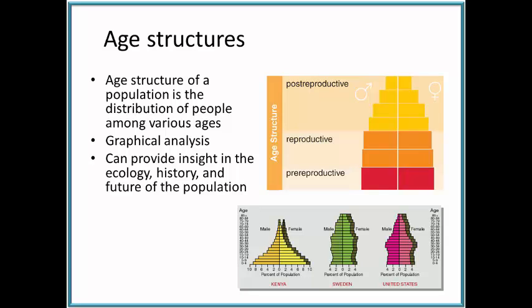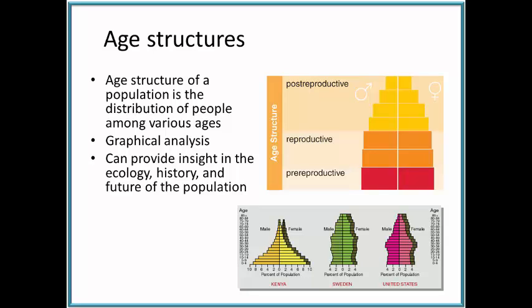Usually we use a graphical analysis, and these graphical analyses can provide insight into the ecology, history, and future of the population. If we look at this top diagram here, we see that we can often divide the population into just three categories: those that are too young to reproduce, pre-reproductive, those that are of reproductive age, reproductives, and those that are past reproductive age, post-reproductives.